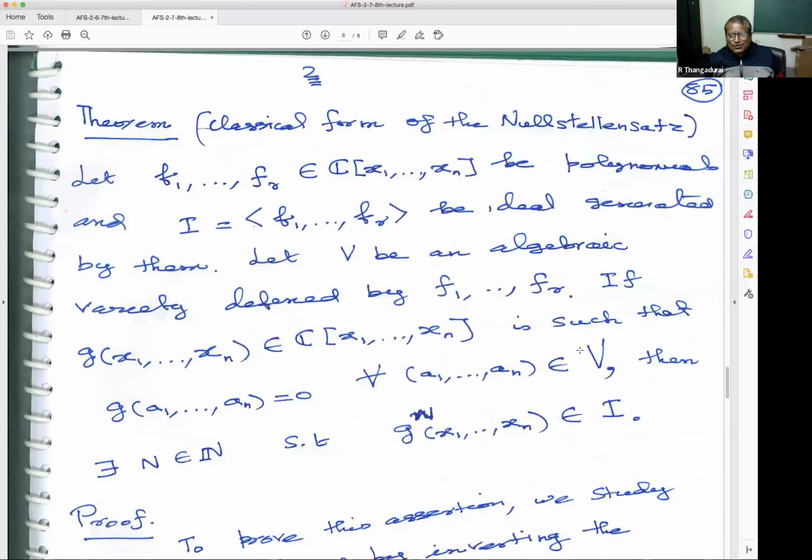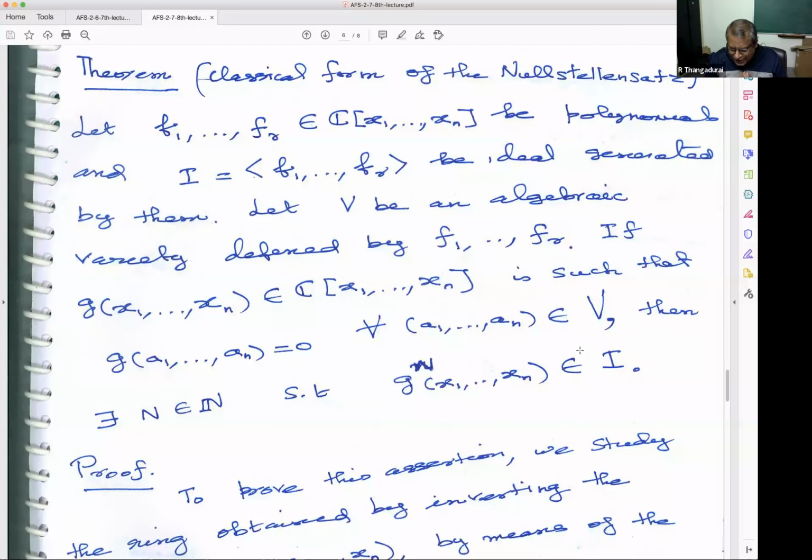So we have defined a geometric object called a variety. The Nullstellensatz says that given a variety, you can either study it as a geometric object or study the maximal ideals in the corresponding quotient ring.